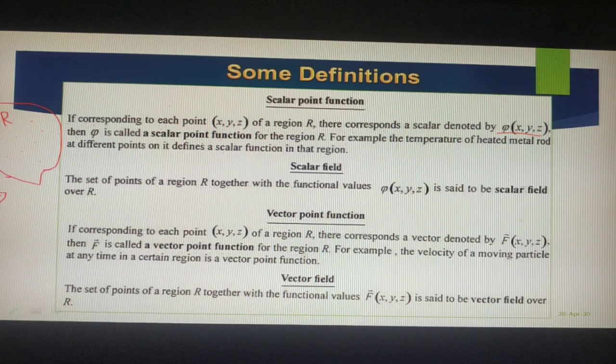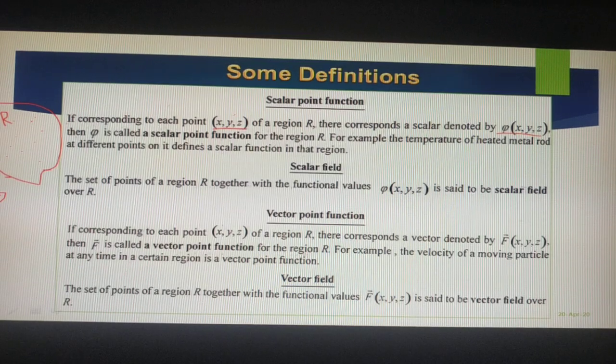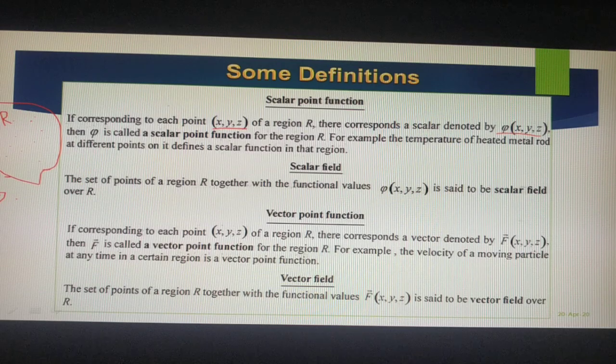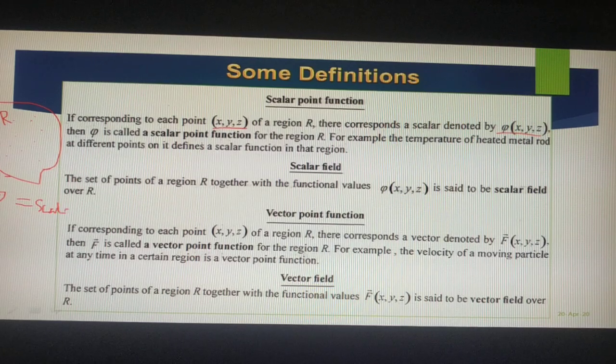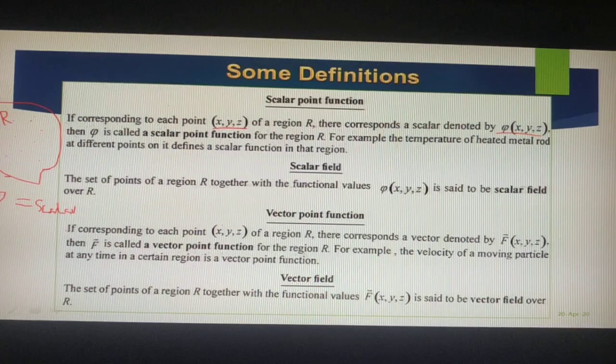So there are certain points in this region. xyz is some point in this region. If I send this point to this function phi of xyz, I will get some value. That value will be a scalar value. That numerical value we will call a scalar.